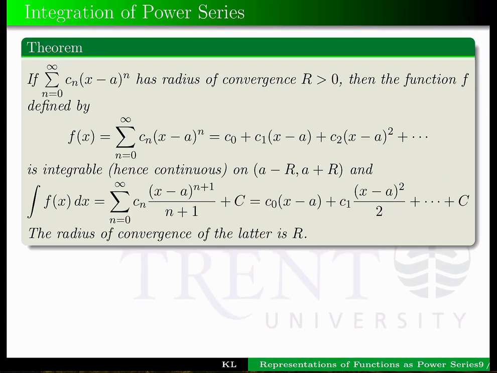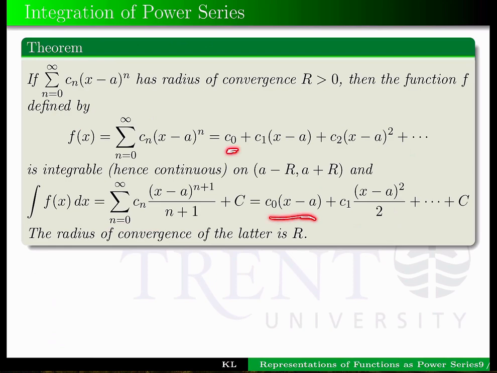Similarly, you can do integration. You got a power series, which can be written this way. You can integrate the function, hence integrate the power series, and you can do the integral only in the interval of convergence. So here you integrate c sub 0.